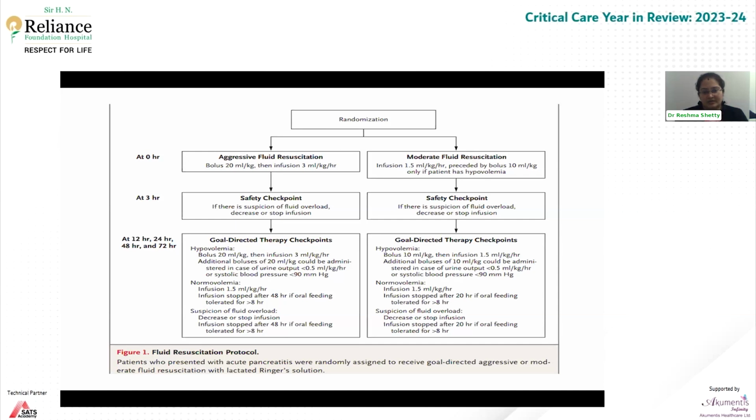The goal-directed therapy checkpoints differentiated whether the patient is hypovolemic or normovolemic, or whether there was suspicion of fluid overload. Then accordingly, they decided to decrease or stop the infusion of fluids. So this was their fluid resuscitation protocol.